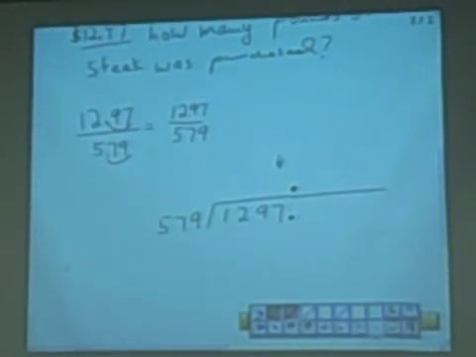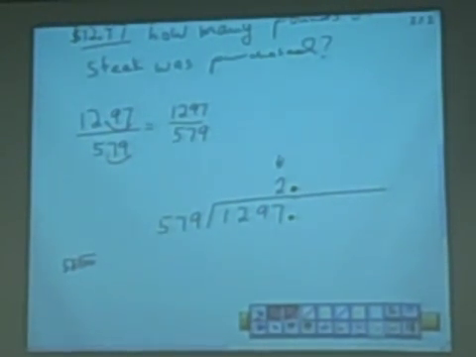We can estimate this. We're going to estimate that we need to divide by what? 50 by 2, right? And again, that helps for estimating.